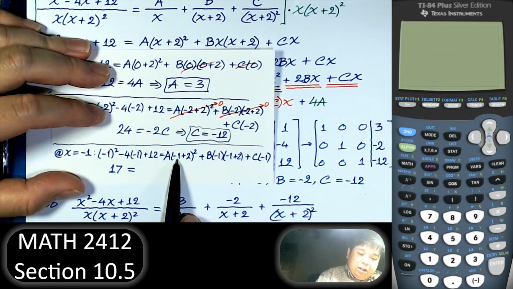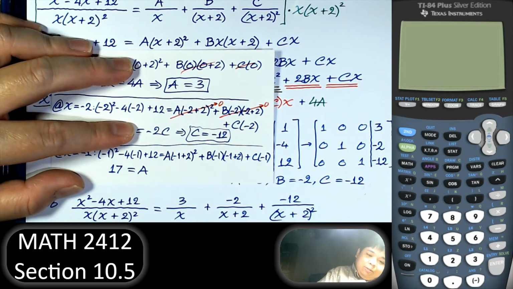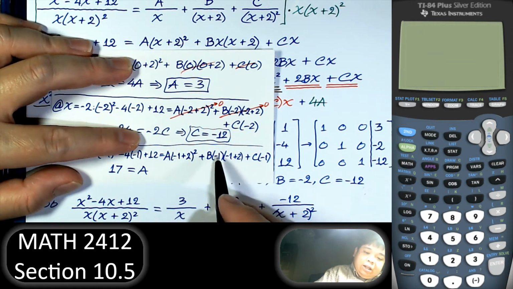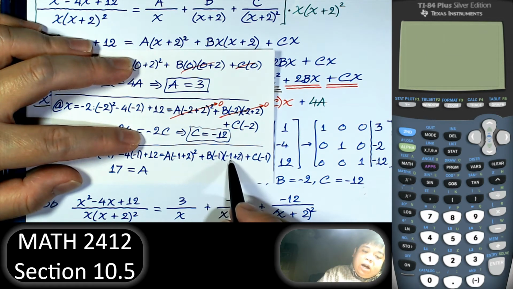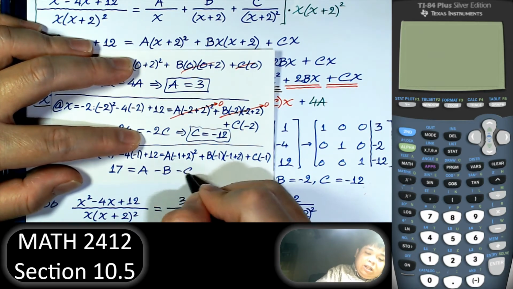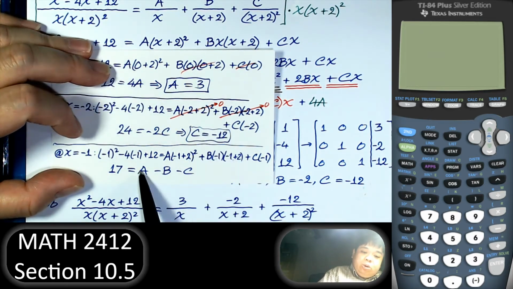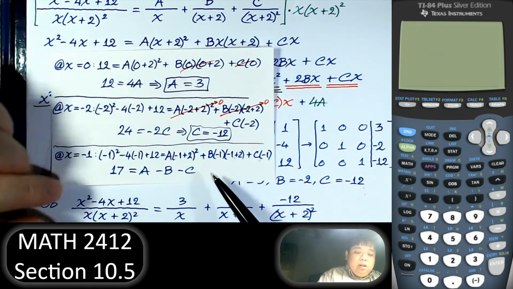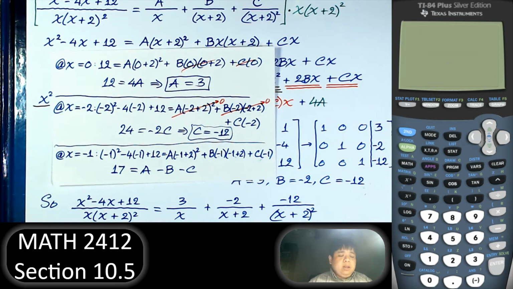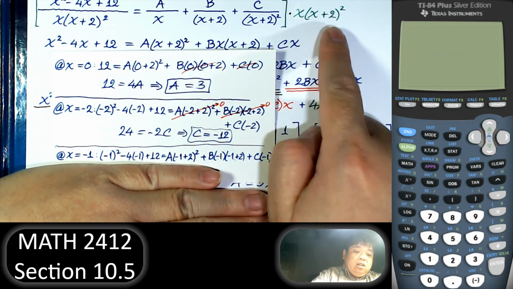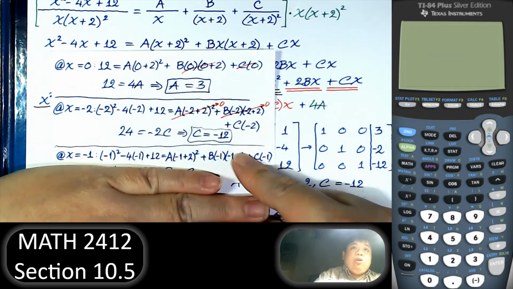On the right hand side, that is A, because -1 plus 2 is 1 squared, so it's A. B times -1 times 1, so it's -B, and then -C. Of course, we have to substitute A equal to 3 and C equal to -12 in here to solve for B. Right. So, of course, when we just take care of the factors, only 2 factors, so we can only solve for 2 of them.